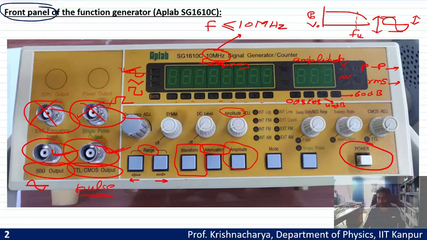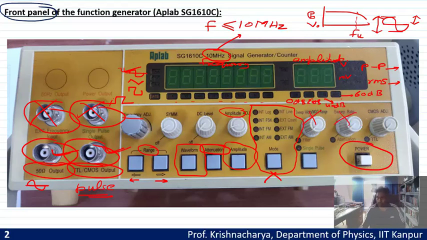Now comes this mode, and this mode is associated with these 8 LEDs. You will not be using this particular part of the function generator, so I am leaving this segment, or will probably tell you this later on. This is also for sweeping or modulation, which we will not be using, so ignore that.